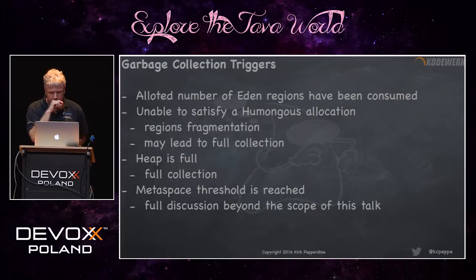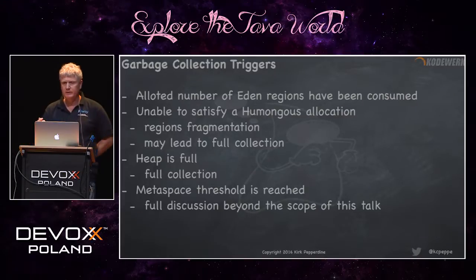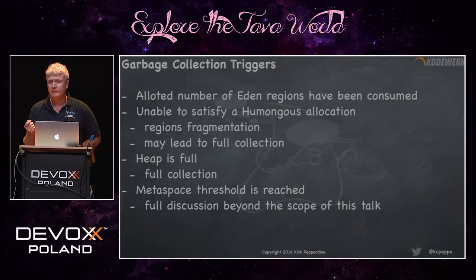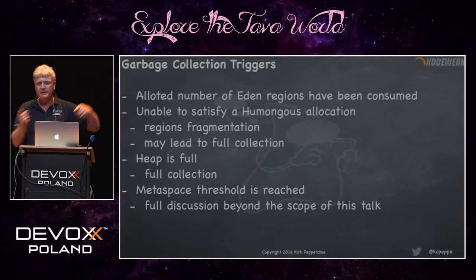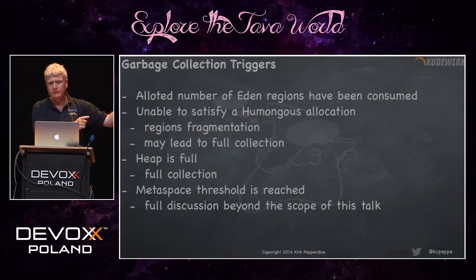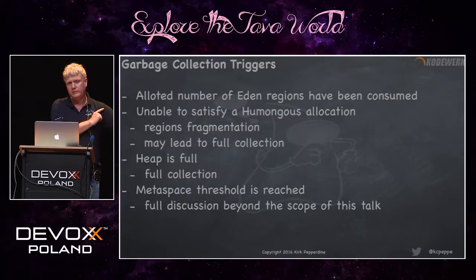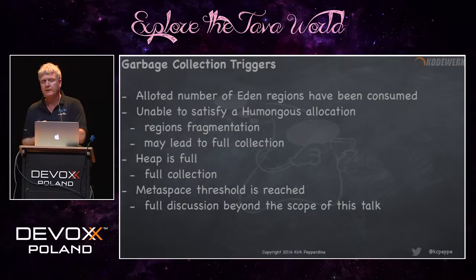And not only that, the tenured space collector is not even going to do the sweep. It's going to take that set of regions and add them to the young generational collector. So the young generational collector will be responsible for sweeping the tenured space regions.